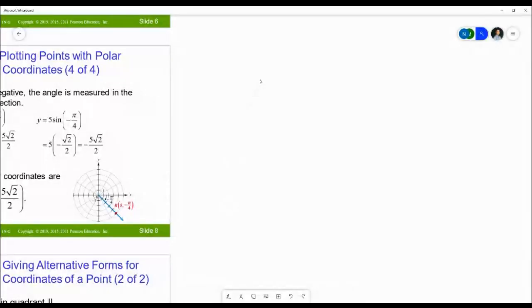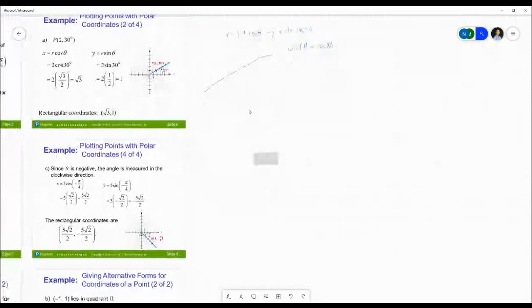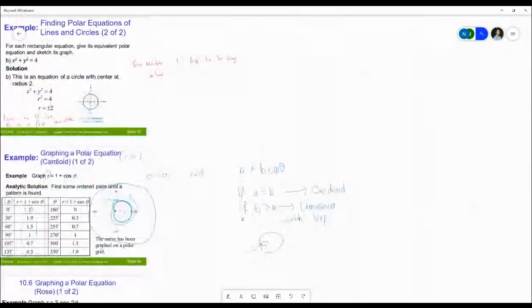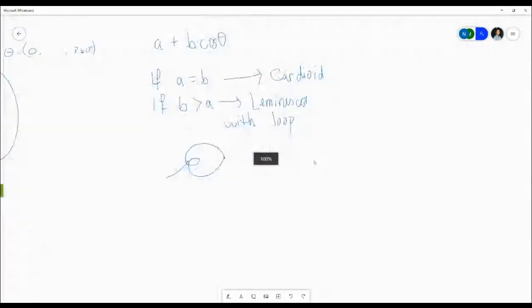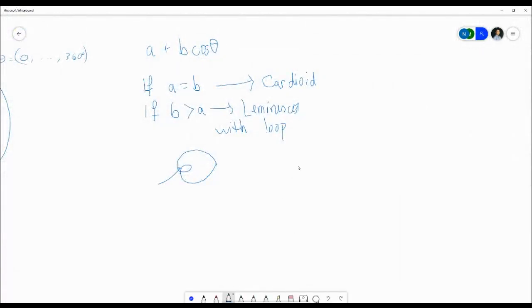Okay, so let's go back. All right, so let's look at A and B here. If B is greater than A, we have a limaçon with a loop of size B minus A. So the loop is equal to B minus A. Your A value is like your y-intercept.